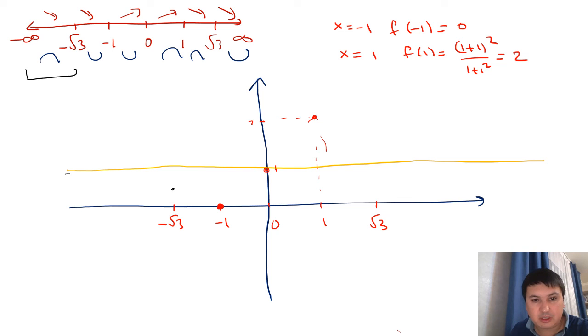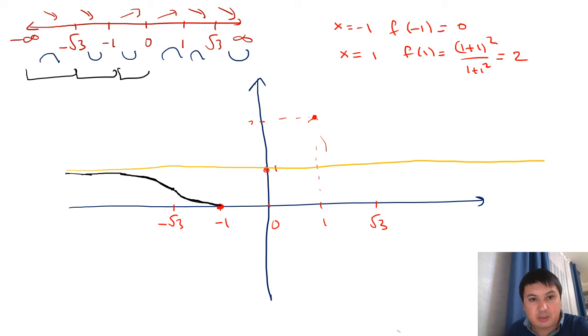So it's coming from this line, concave down and decreasing. Then between minus square root of 3 and minus 1, it's still decreasing but concave up. Now it's opening up, but it's still decreasing, and here it touches. It's concave up, convex.